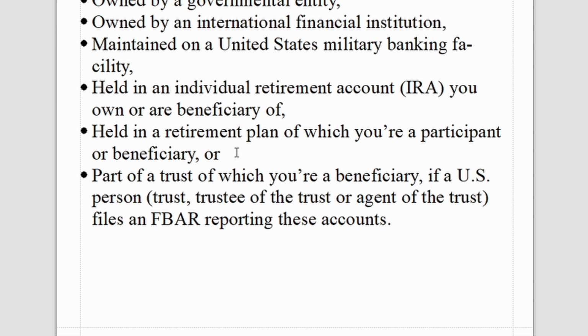So what that means is if you have a pension plan in the UK where they send you a check every month, but you don't have a lump sum balance that you can direct to invest, that's a pension plan. And so that is not considered a reportable type of an account. That's a retirement plan of which you're a participant or beneficiary. Also, if you are beneficiary of a trust, you don't have to file, but the trust or the trustee or trust agent does have to file.